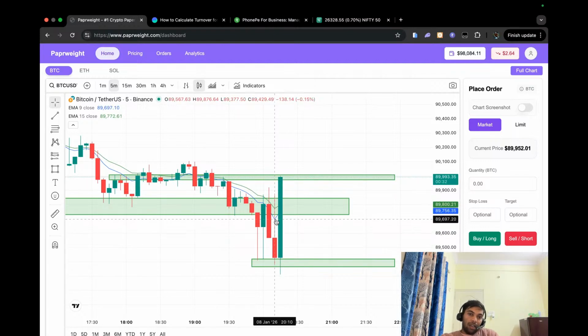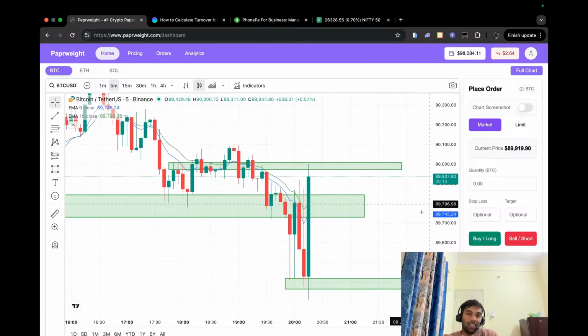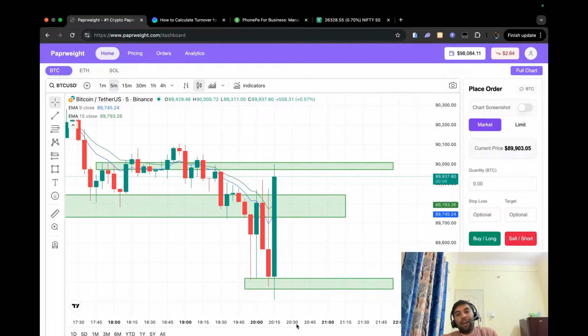But after seeing these green and red candles for the past 20 minutes, most of the sellers are there and they have stop losses at this particular point. So this green candle is nothing but wiping out all the sellers. And see, the length of this green candle is 519 points. So this is how crazy BTC is. BTC moves very aggressively in both directions, either up or down.